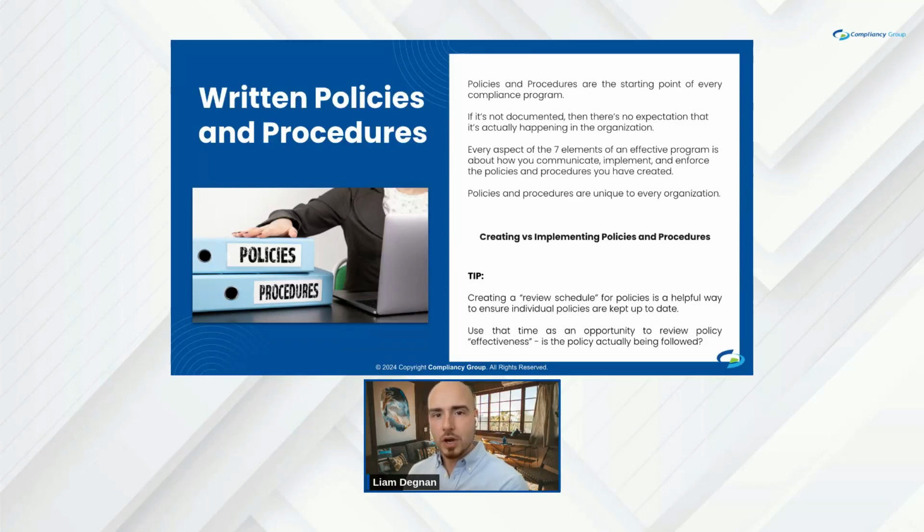And so when we talk about a compliance program, even outside of risk assessment, which is often how you identify the policies that you need, right? If you're starting from a clean slate, let's say, policies in essence is kind of the starting point of compliance, though, because what you are expecting people to comply with is the policy.